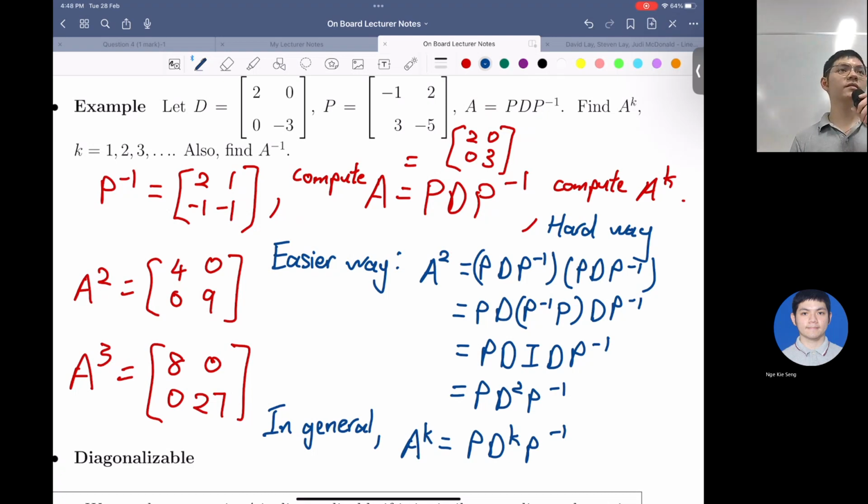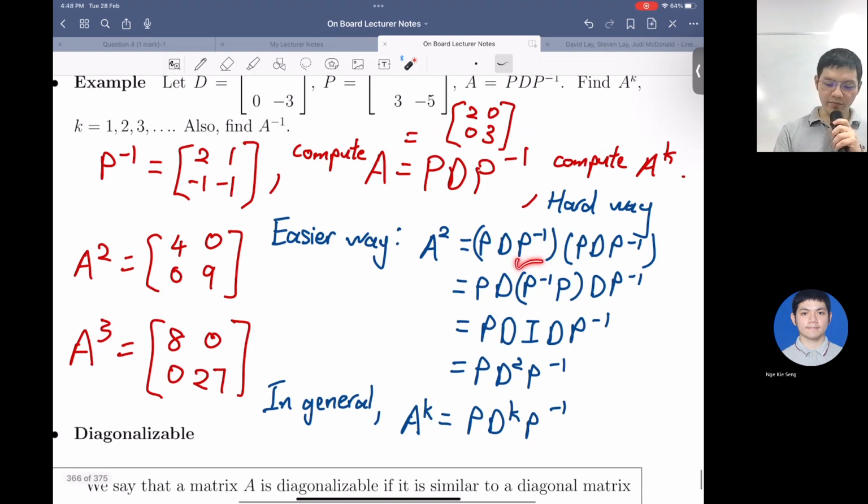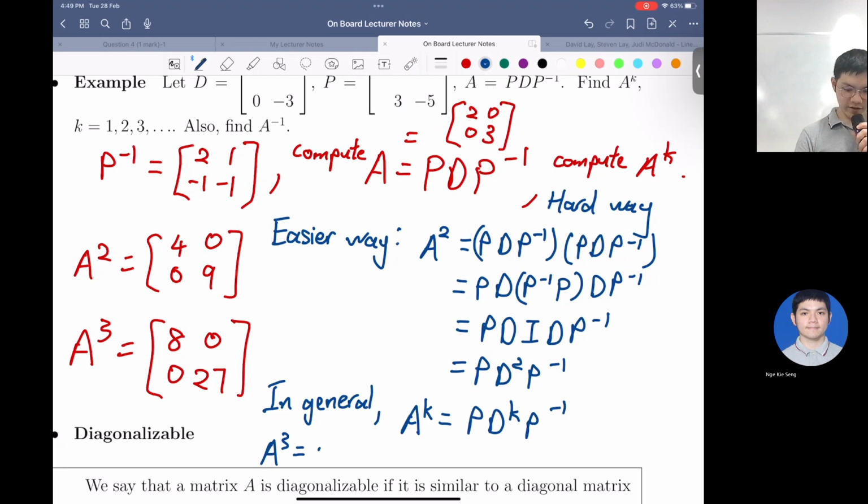So you don't need to take P K times or P inverse K times, or a mixture of them. All the middle terms will cancel. P inverse P, and then P inverse will get along with another P. So for example, let's see A cubed. What do we have? P D P inverse, P D P inverse, P D P inverse.